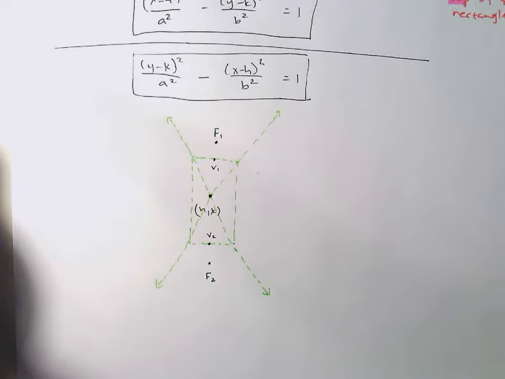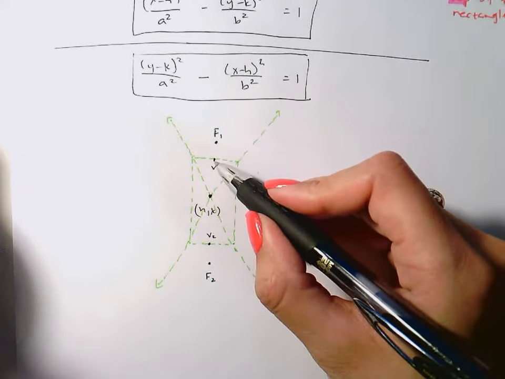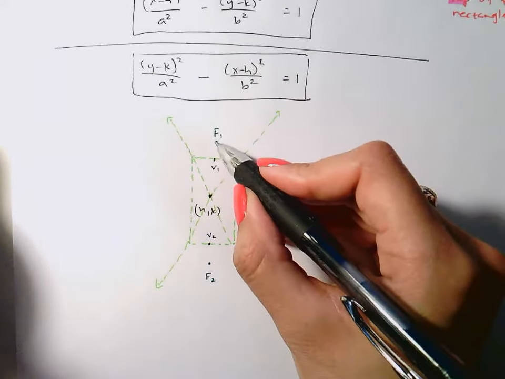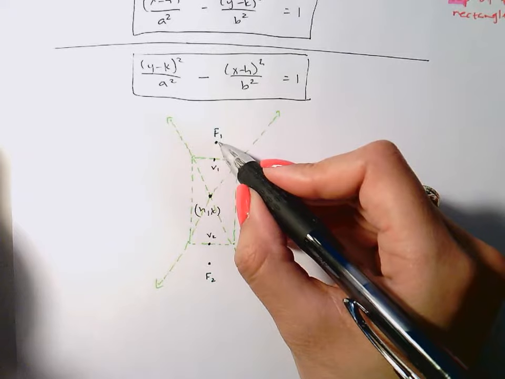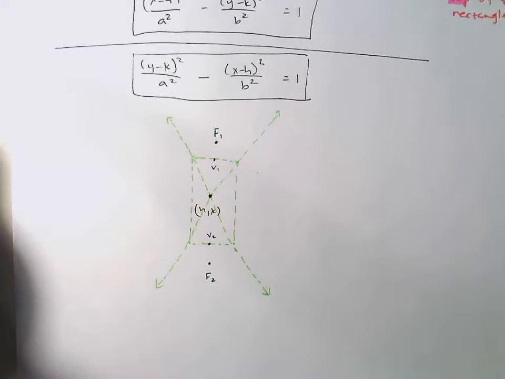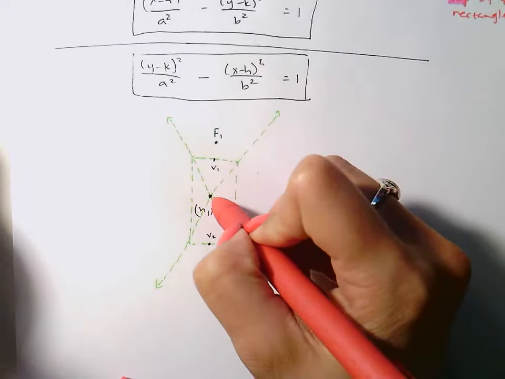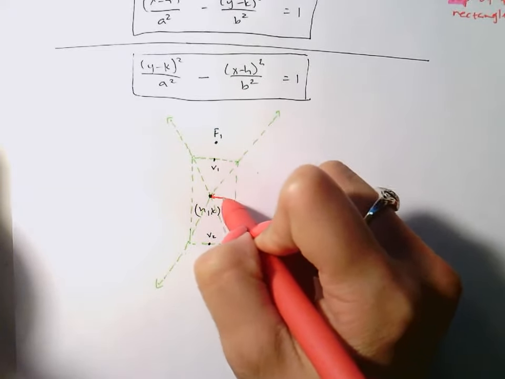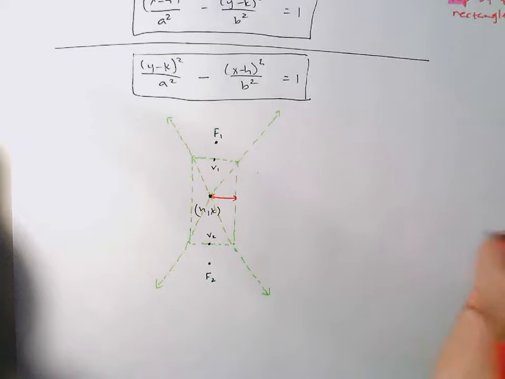So the distance between the center and the vertex is still equal to A. The distance between the center and the focus is still equal to C. The only one that changes is B, which is the distance between the center and now the right side of the fundamental rectangle.